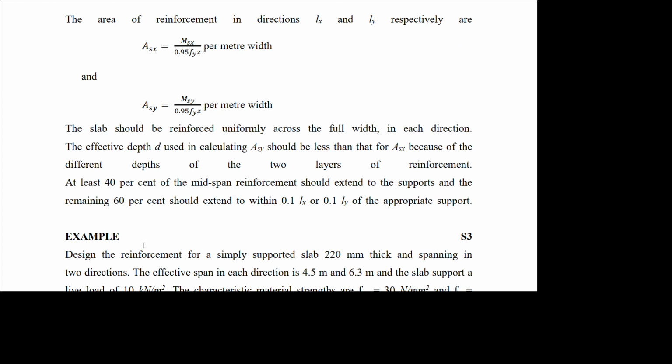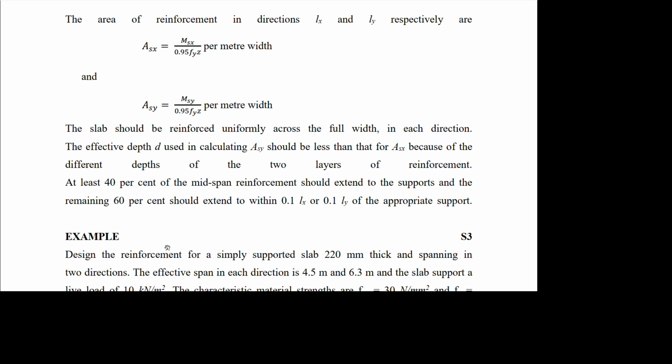The slab should be reinforced uniformly across the full width in each direction, and the effective depth used in calculating ASY should be less than that for ASX because of the different depth. By the time you are putting the reinforcement along the Y axis, it will be lesser because you have to remove the thickness of the reinforcement from the depth, because this time around you will consider the shorter depth.